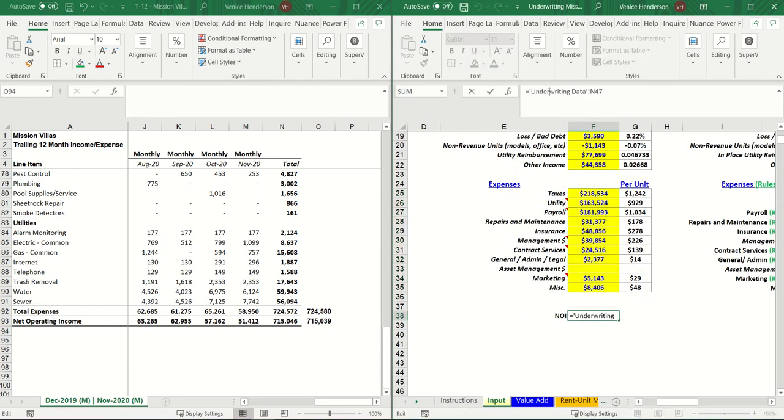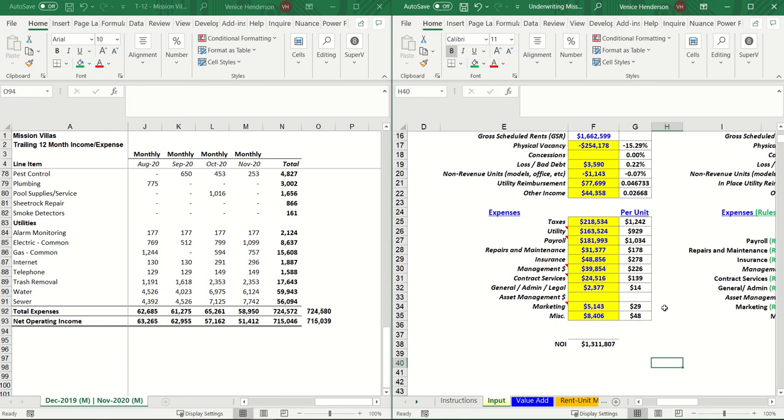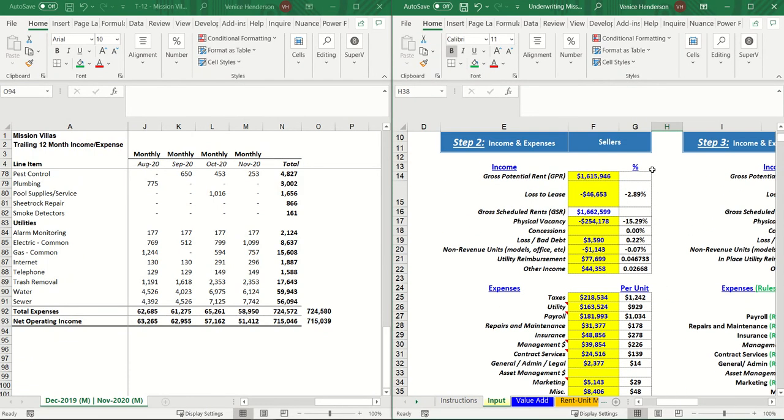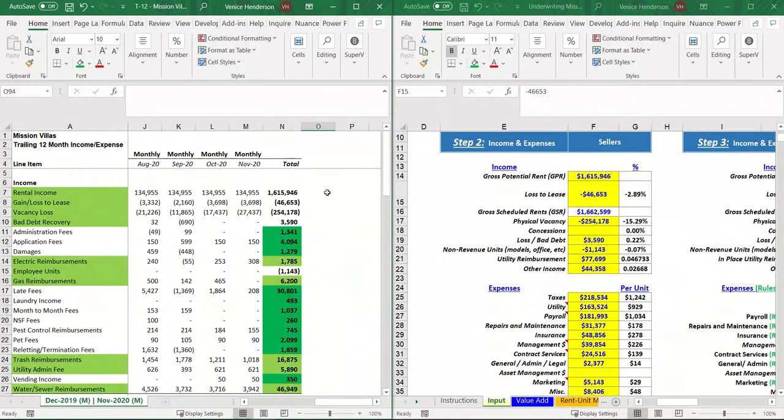So now I want to look and see where this information is being pulled. How is it coming up with that? All right, so let's come up here. We have 1569,293.